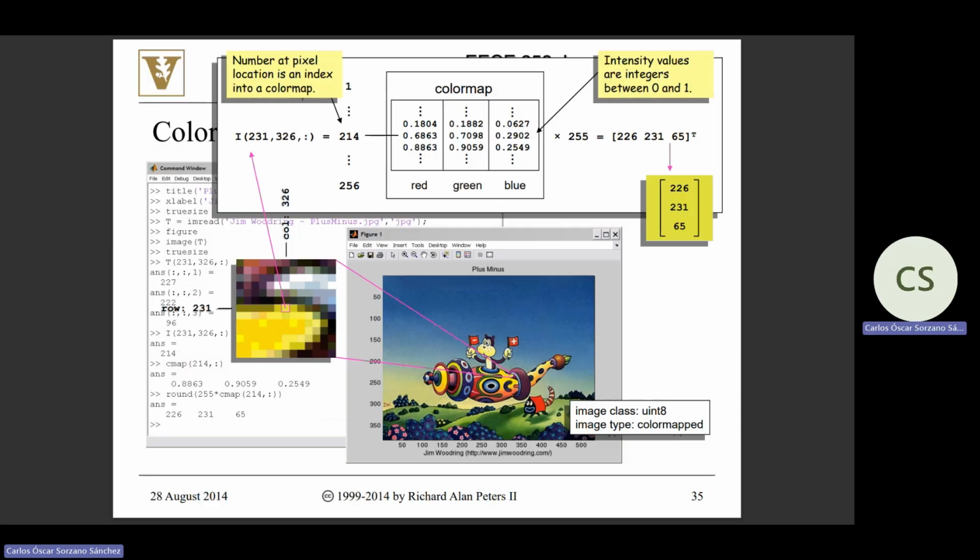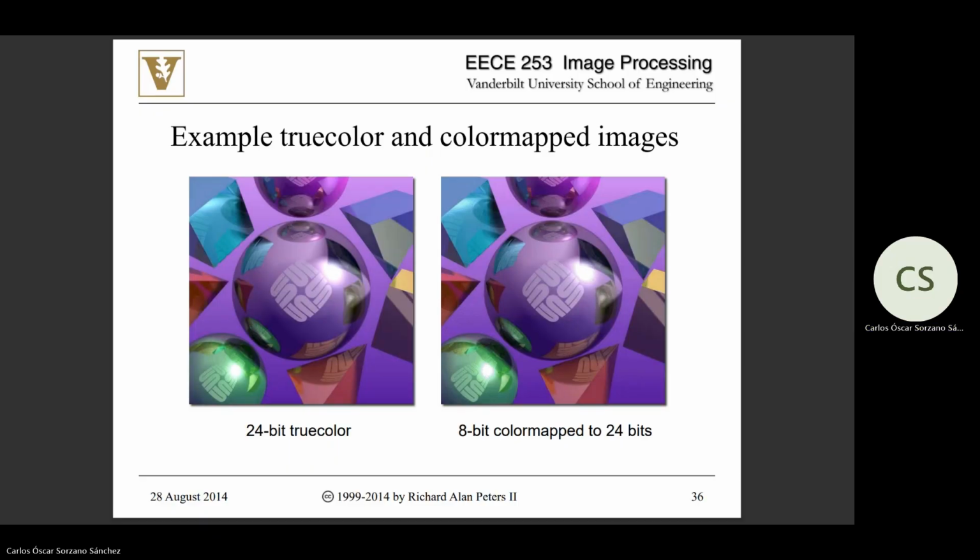So this is the color map table, and this index points to a color. And if you want to recover the original size, because this table has been normalized between 0 and 1, you have to multiply back by 255, so that we recover the intensities in the original channels.